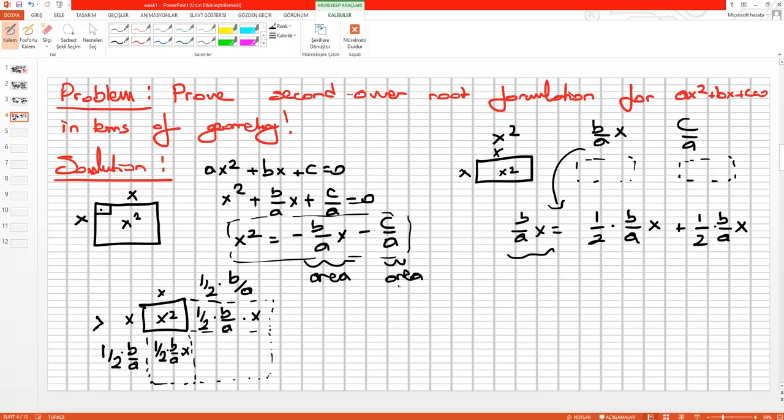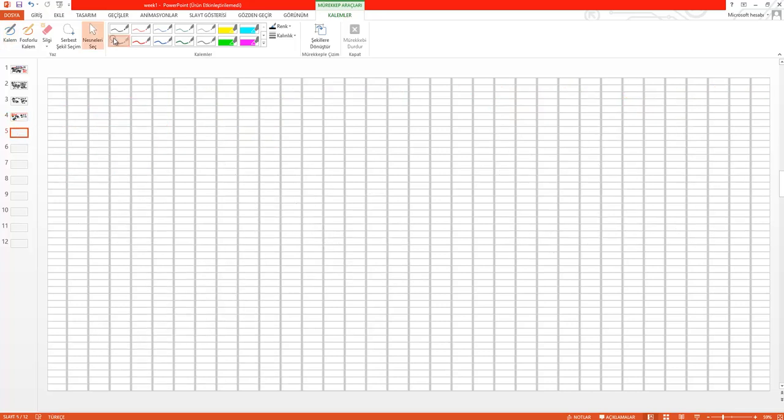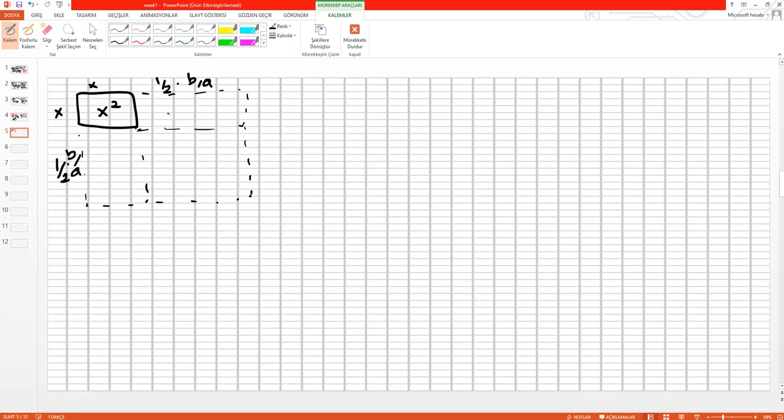And so, if this is the case, just see this line, and I can write this term here like this one: x square, x, 1 divided by 2 b/a, 1 divided by 2 b/a, and (b/a) times x, 1 divided by 2 (b/a)x. Okay, and so this is the question mark.